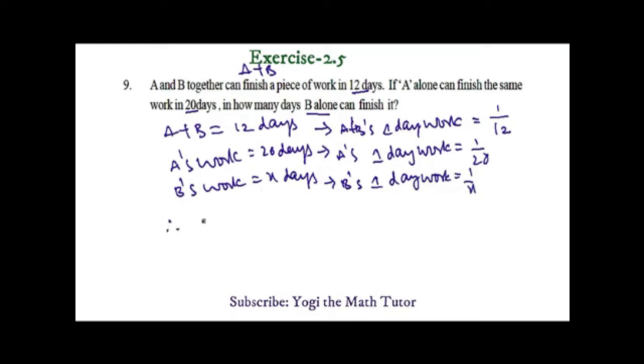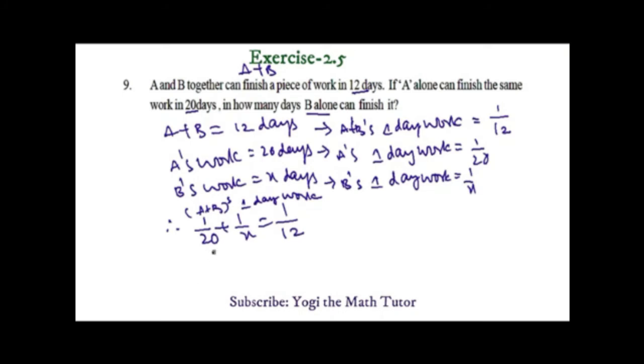Therefore, we are calculating A plus B's 1 day work, that is 1 by 20 plus 1 by x, which is equal to 1 by 12.